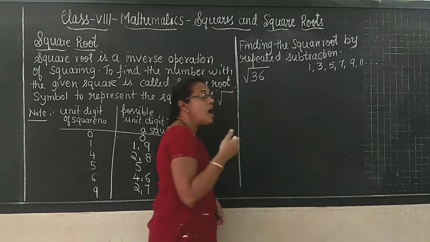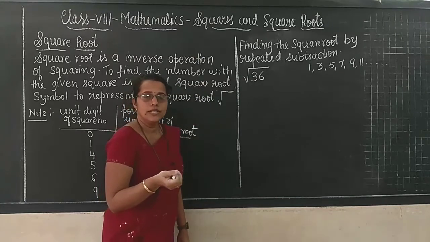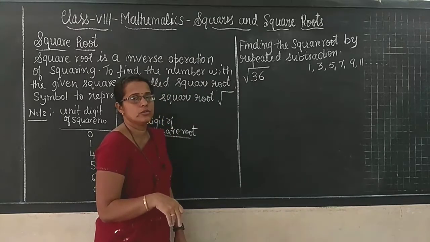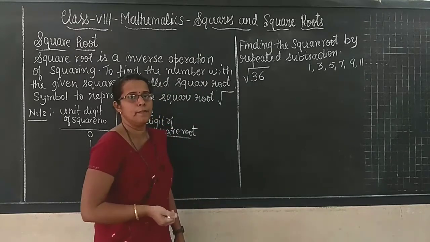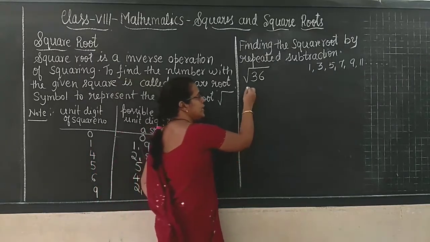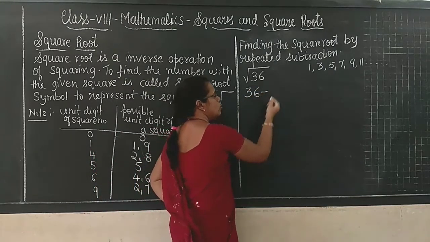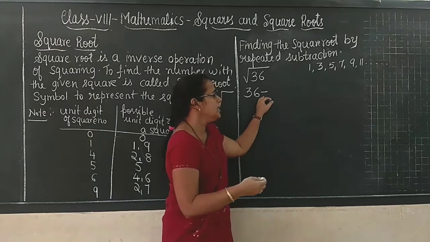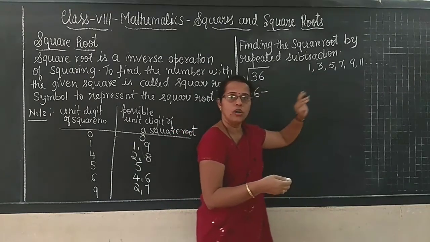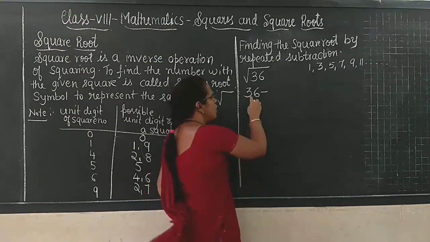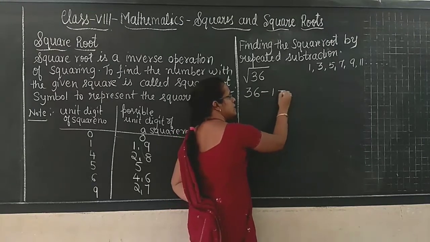Yes children, these are the list of odd numbers. So why do we need this? Just to subtract from the given number. So what you have to do here, from 36 you have to subtract odd numbers one by one. So now from 36 you will subtract 1 first.